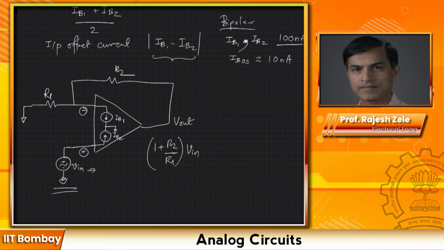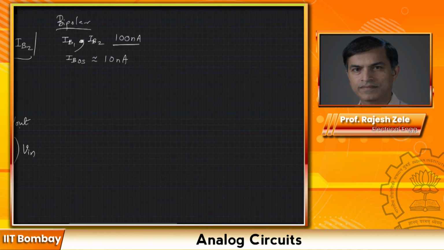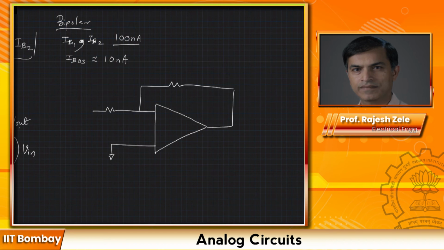Now we want to figure out the transfer function of IB1 to the output and IB2 to the output. Okay, so we can redraw this schematic a little bit better as follows. And here I'm just grounding the input.